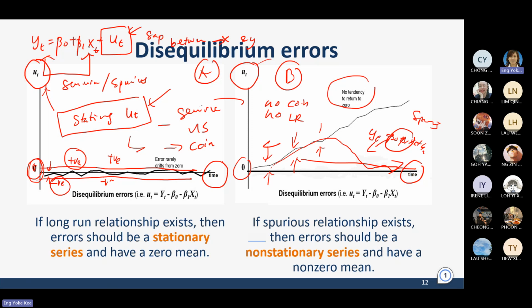Okay, if there is a theory underlying your model, most likely it is a genuine case, and you will possibly get this co-integration relationship. What we are most afraid of is that you randomly choose X and Y and build your model without any theory. It makes no sense.